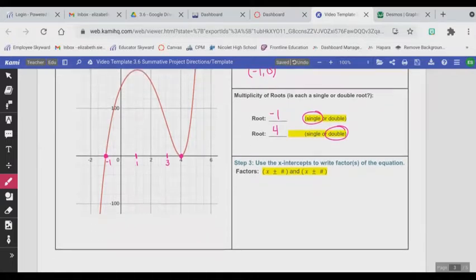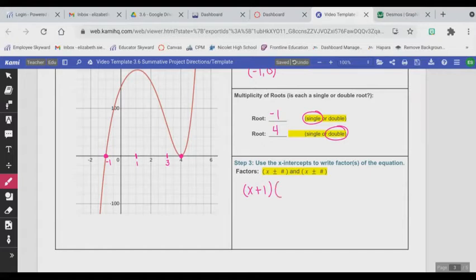Then in step 3, they want us to use our x-intercepts to write the factors of the equation. I know I have x equaling -1 as a root, which means the factor would be the opposite, so x plus 1. That's a single root, so it's just going to stay. You could put a little exponent of 1 out there if you wanted to.